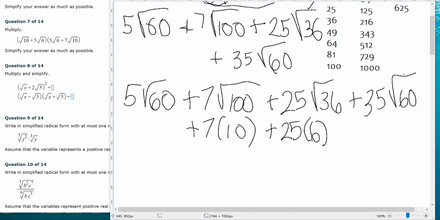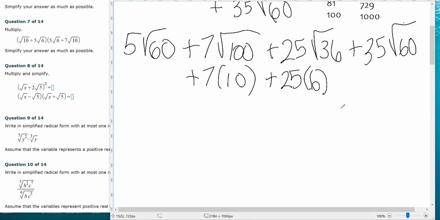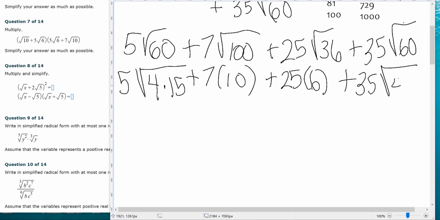Now I've got to find the square that's in 60, and I go up here and I look in my list. 4 will go into 60. It's the only one. 9 won't go. 16 won't go. 25, 36, 49, and then these are all too big. So it's going to be 5 square root of 4 times 15. And down here it's going to be 35 square root of 4 times 15.